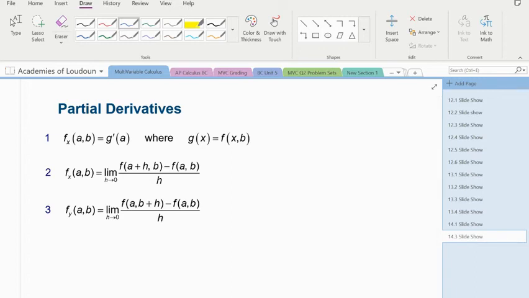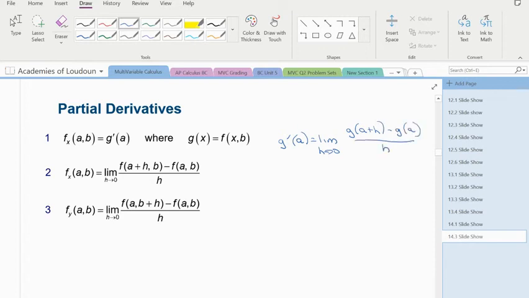By the definition of the derivative, we're going to have that g prime of a is equal to the limit as h goes to 0 of g of a plus h minus g of a all over h.